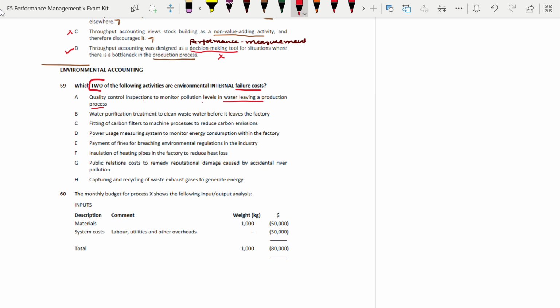Whatever wastewater we are making is purified or desalinated and it will be left. This is not a failure. Understand my point?